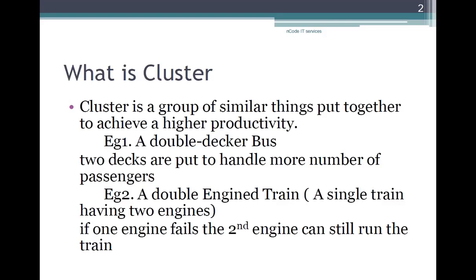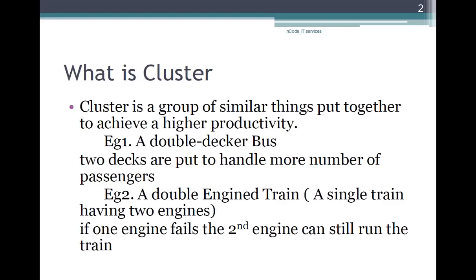Now a train which has, let's say, two engines at both ends. One purpose of such a mechanism would be that if one engine fails, the other engine would be able to take up the system to the point where it can be repaired.